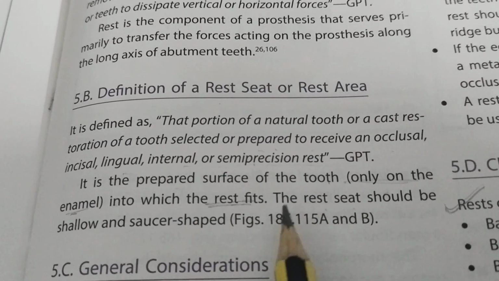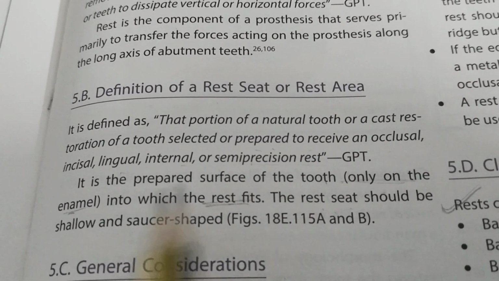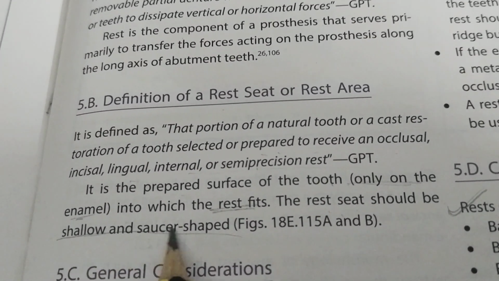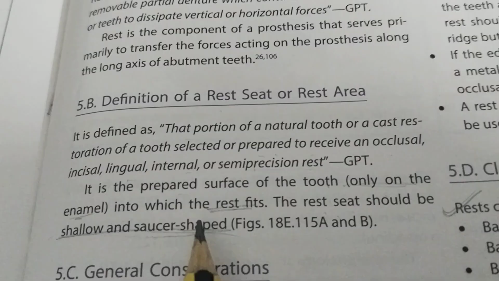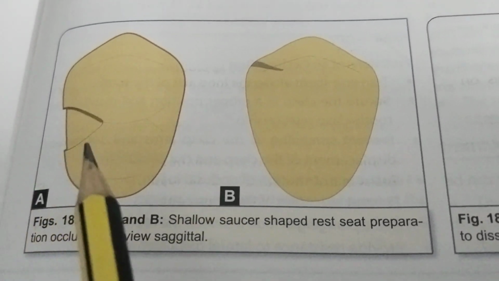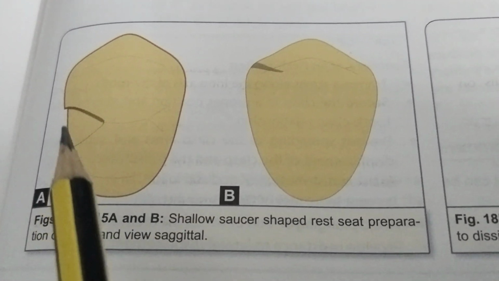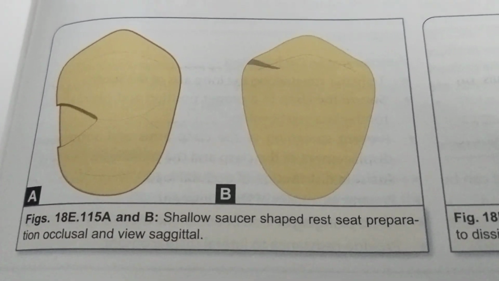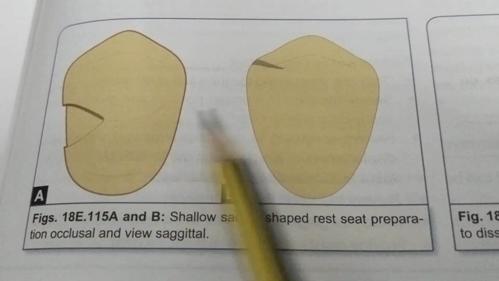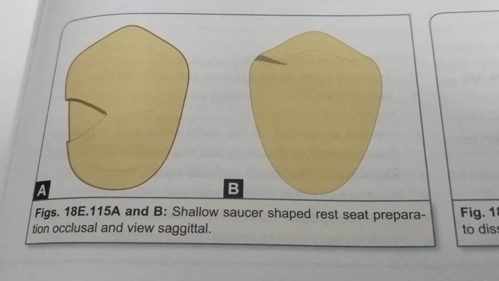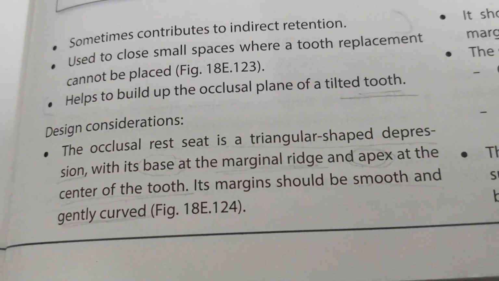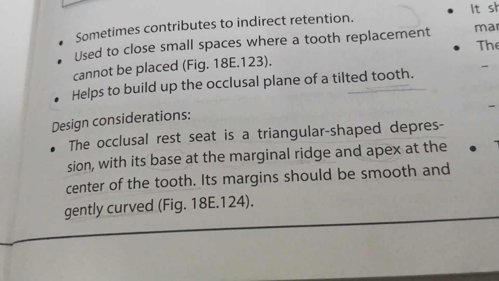So the rest seat should be shallow and saucer shaped. As you can see in this picture, the rest seat should be shallow and saucer shaped. This is the occlusal view and this is the sagittal view. Coming back to your question, they asked us the floor of the rest seat should be inclined towards.